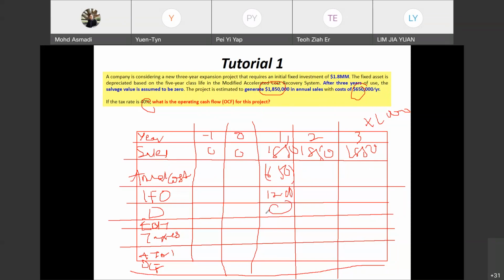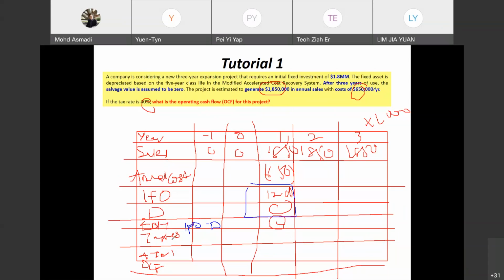Then EBIT. For tax you have to refer to the previous one. EBIT is equal to IFO minus depreciation. So you can get EBIT.